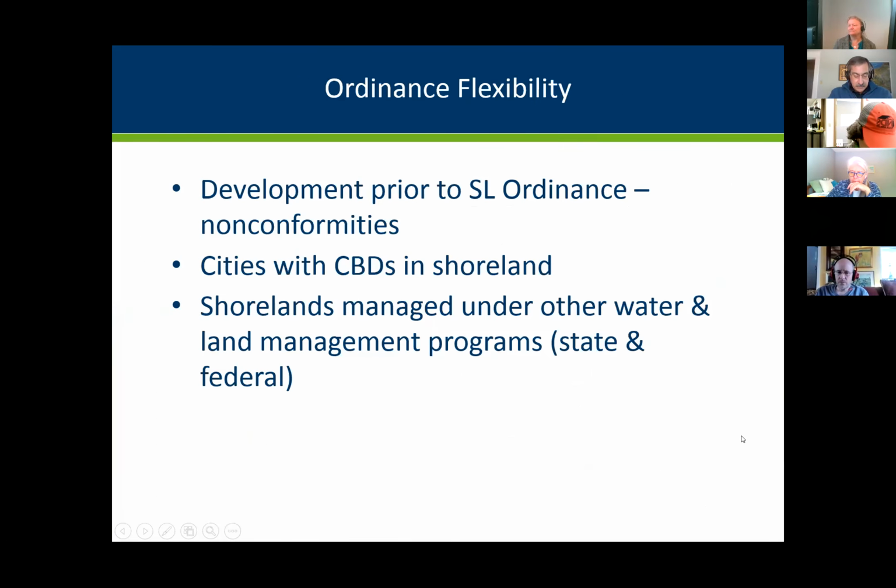The shoreland program also offers ordinance flexibility, particularly for central business districts that are already fully developed, that would have a ton of nonconformities. The septic standards and the minimum lot size standards are too burdensome on these communities, and we offer negotiated flexibility between the local community and the DNR.